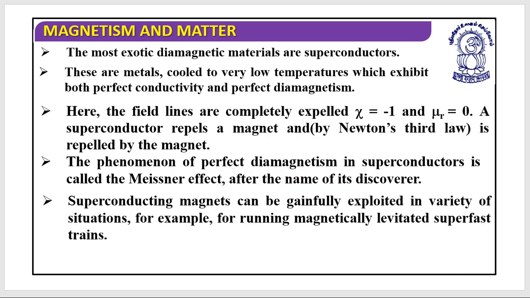So the most exotic diamagnetic materials are the superconductors. What are superconductors? These are metals cooled to very low temperatures, which exhibit both perfect conductivity as well as perfect diamagnetism.